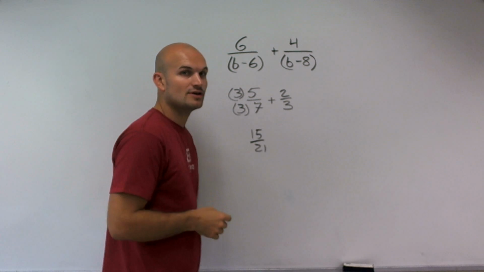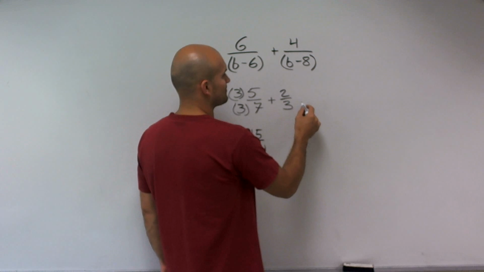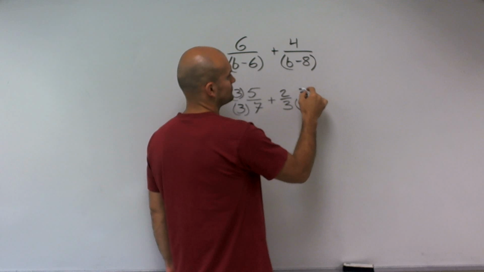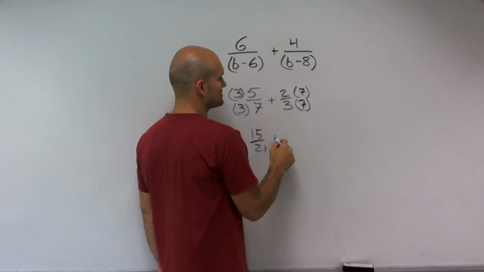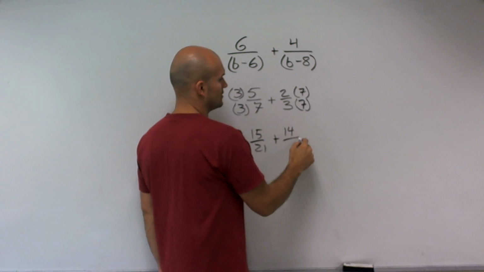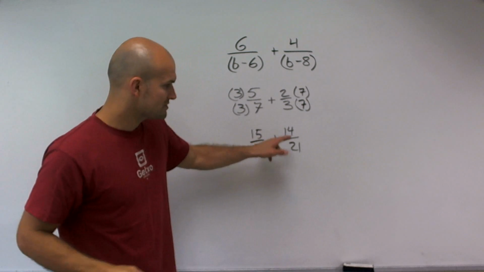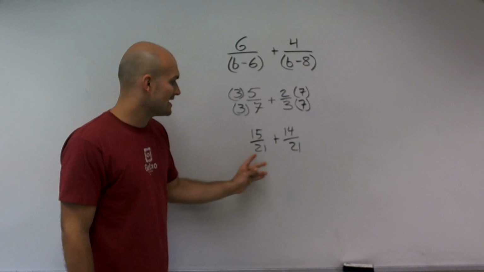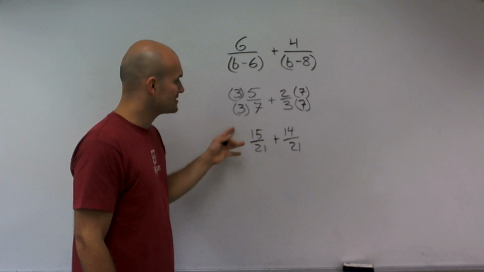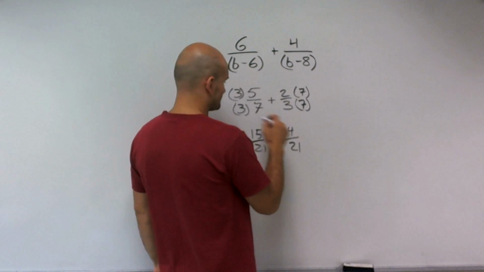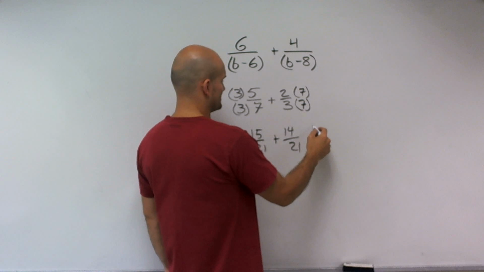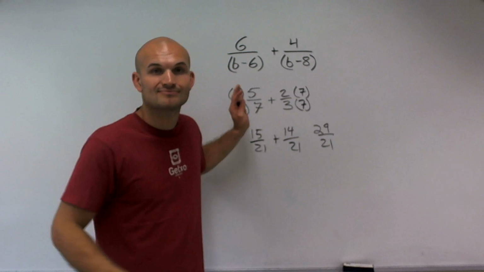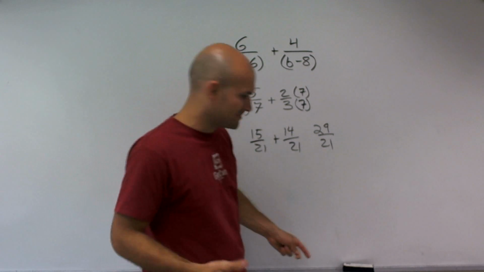Then I looked at 2/3 and multiplied by 7, so 2 times 7 is 14 over 21, which is equivalent to 2/3. Once I have the same denominators, I can combine them: that's 29 over 21. Now, that's the old stuff to get you to remember.